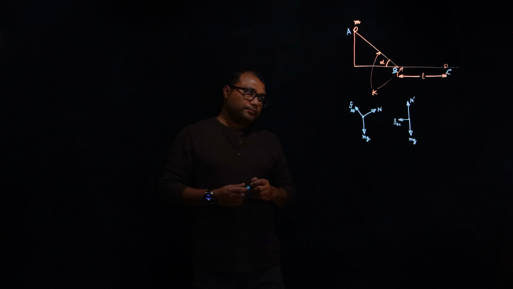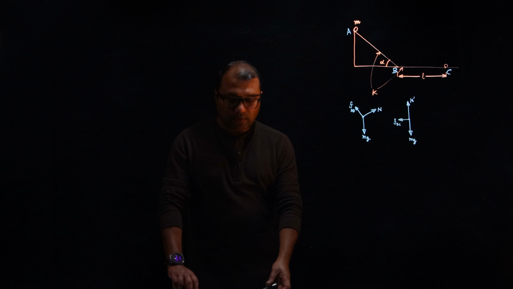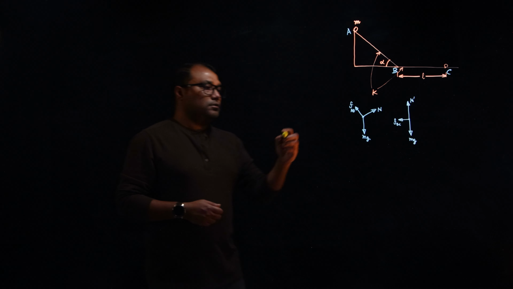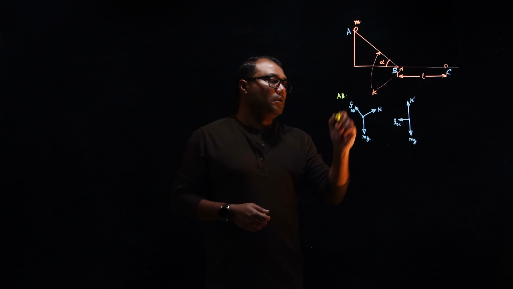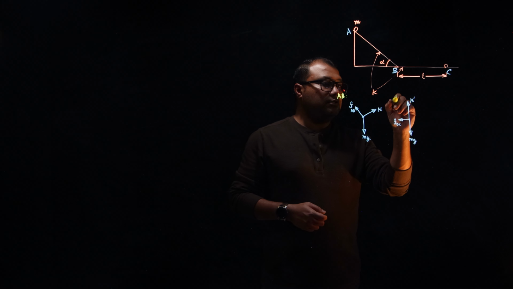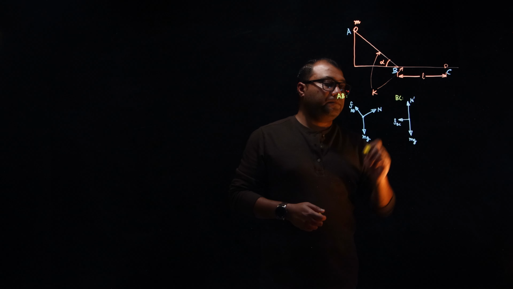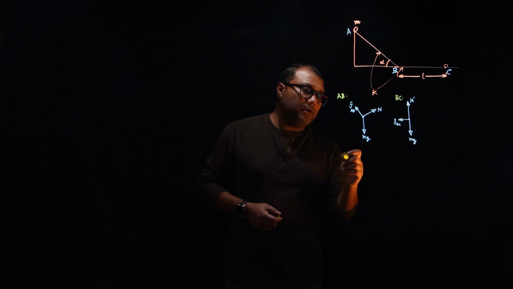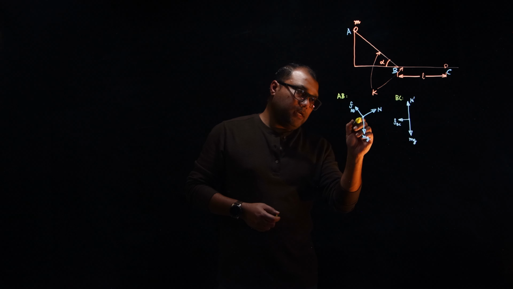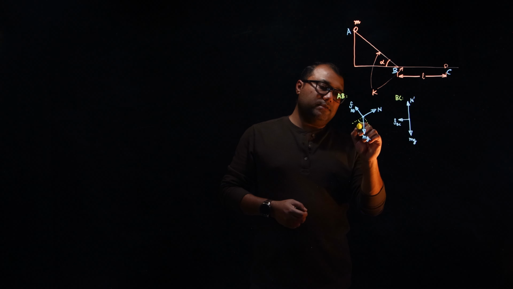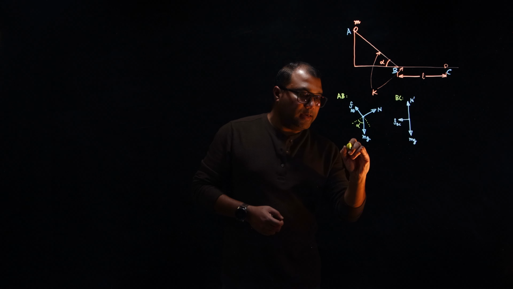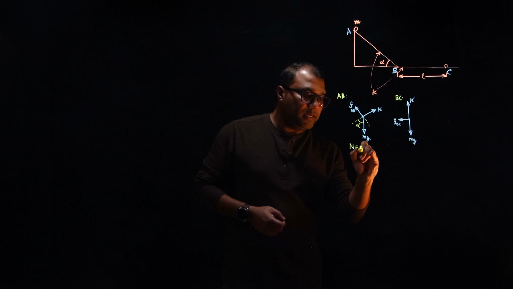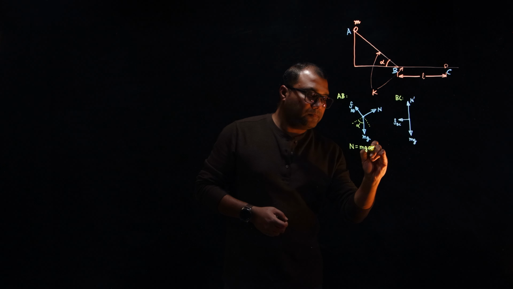So this is journey AB and this is for the journey BC. From here, this angle is alpha, so we can write N is equal to mg cos alpha.